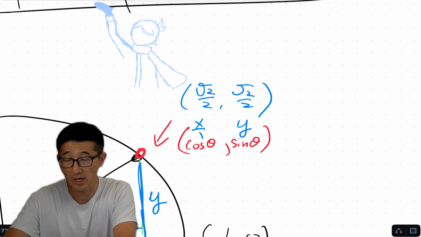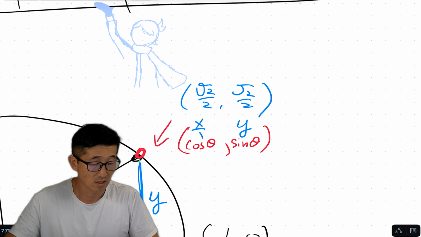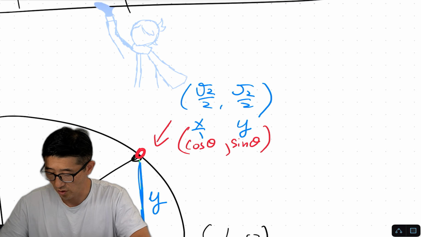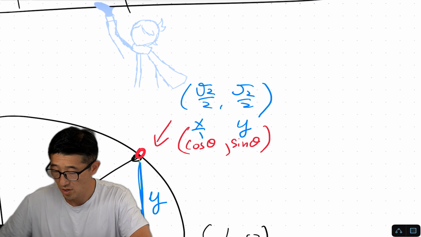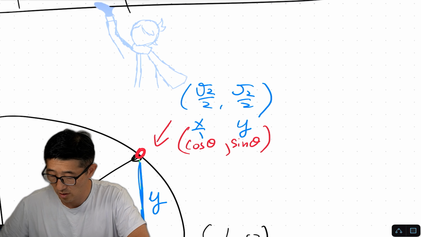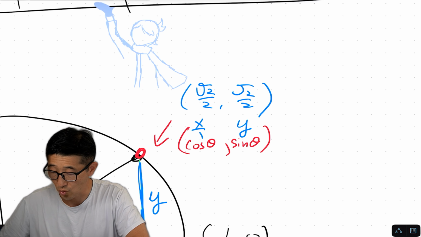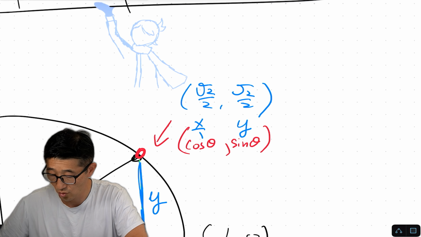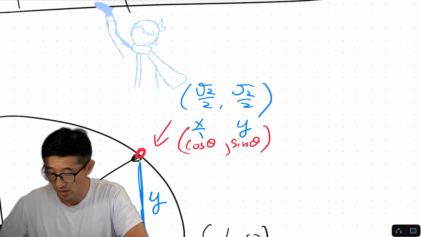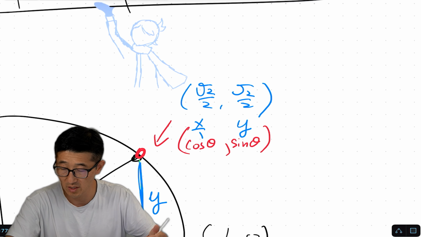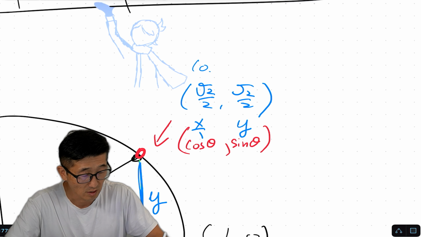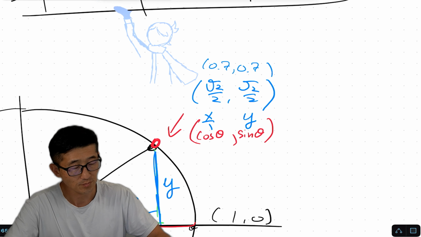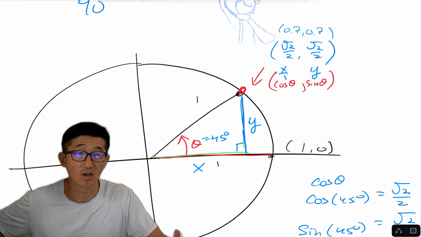Now, if you type it into your calculator, you'll get an approximation. What's rad 2 over 2? If you guys have your calculator, go ahead and punch those in. Rad 2 divided by 2 is 0.707, so 0.71. We'll just do 0.7. Yeah, so that's the coordinate on that circle.